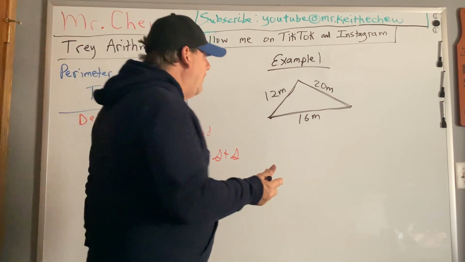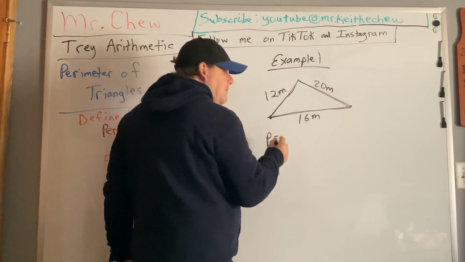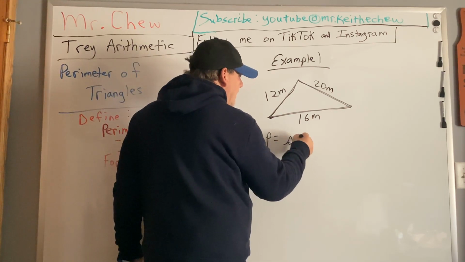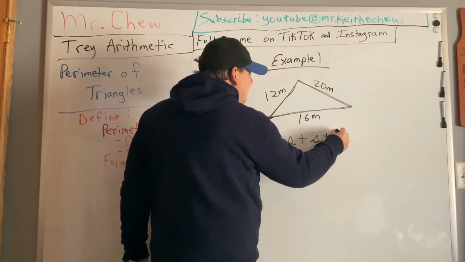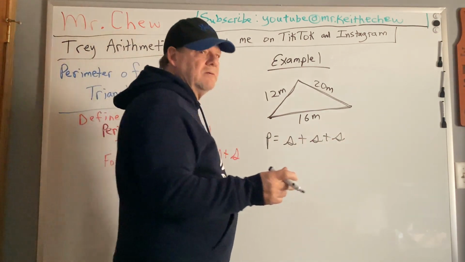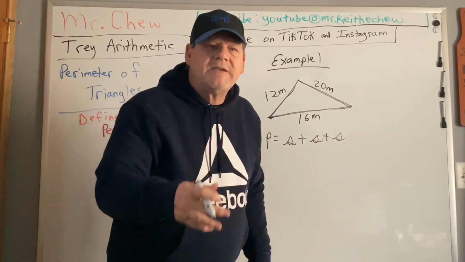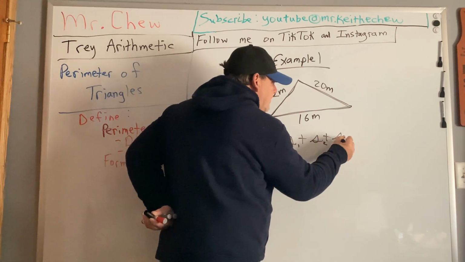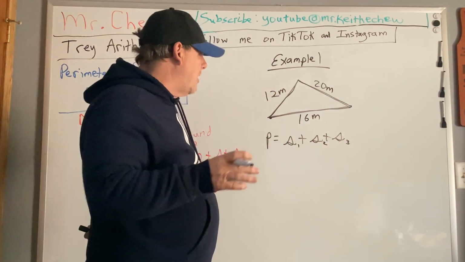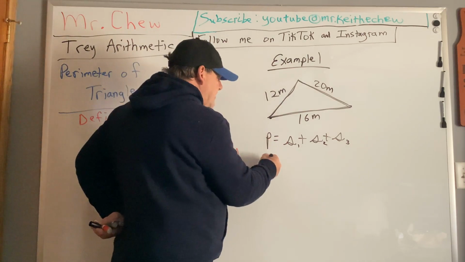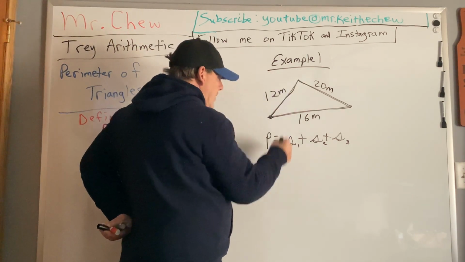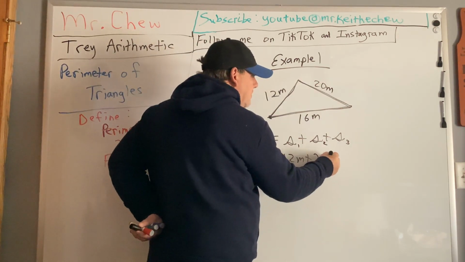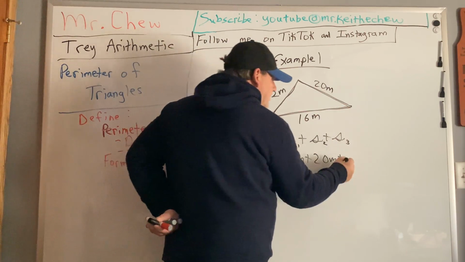It is that simple. Using the formula to write the equation, I'm going to have side plus side plus side. Now these are all different, so I can't say 3 times side. So I could say this is S sub 1, S sub 2, S sub 3, but that starts to get a little more complicated. Let's just add the sides up. We started here and we went up 12 meters plus 20 meters plus 16 meters.